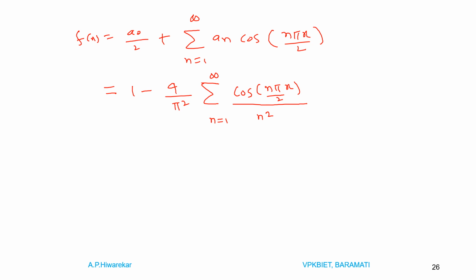So 4 by pi square is taken common, and this is the value of f x, and f x means 2 minus x, where the interval is given as 0 less than x less than 2. So this is the final expression for the half-range Fourier cosine series of f x, which is 2 minus x, defined in the interval 0 less than x less than 2.